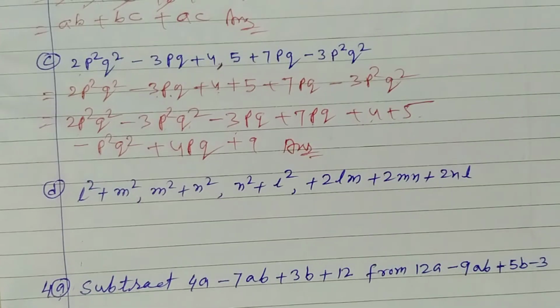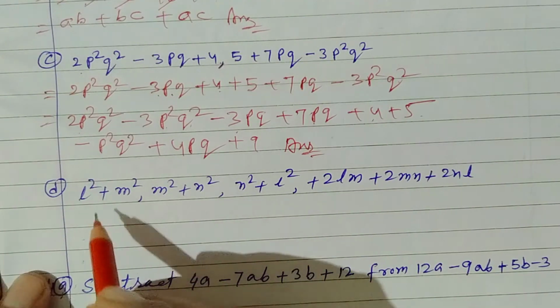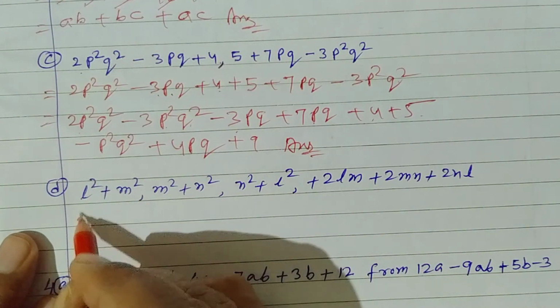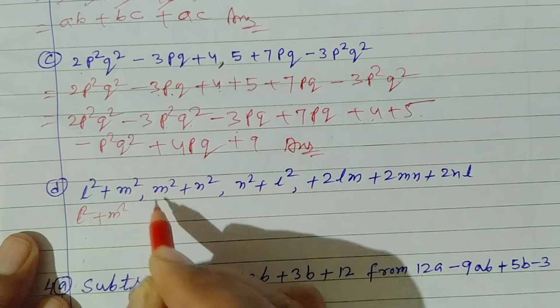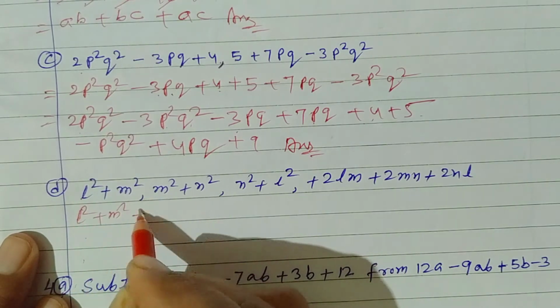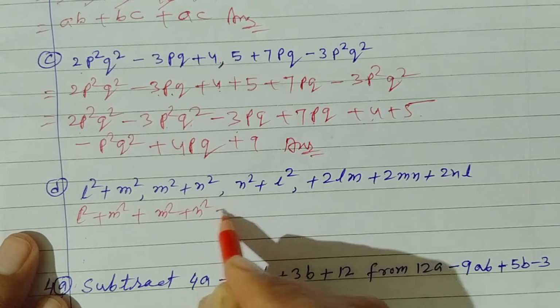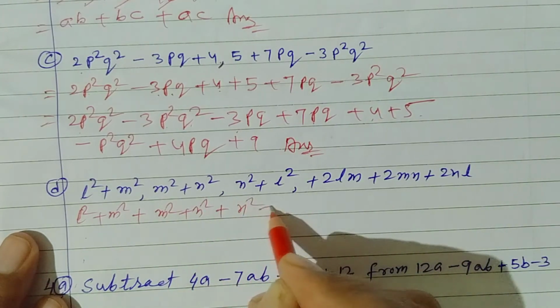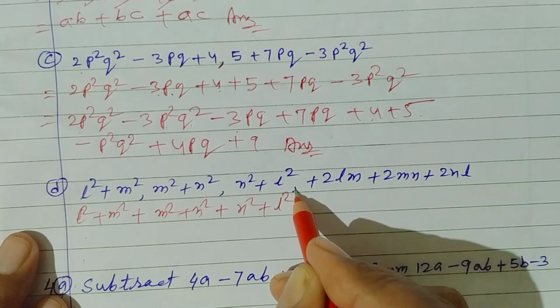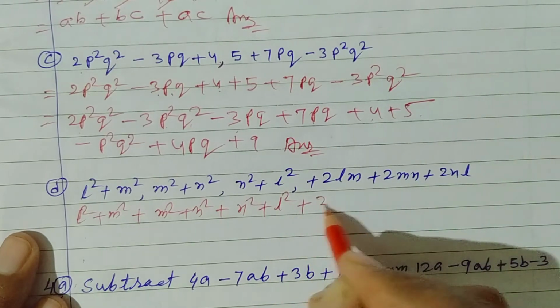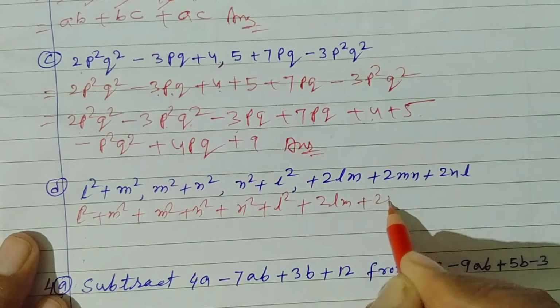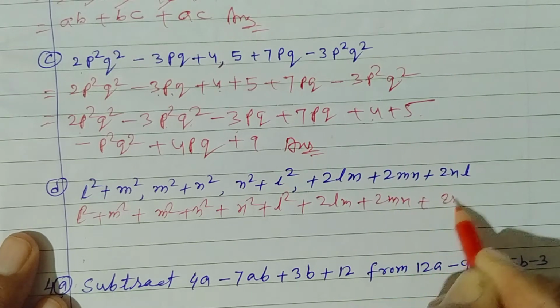Now question number d. L square plus m square, remove the comma and put a plus sign. M square plus n square. Again we remove the comma and put a plus sign. N square plus L square, the comma we remove and put a plus sign. 2lm plus 2mn plus 2nl.